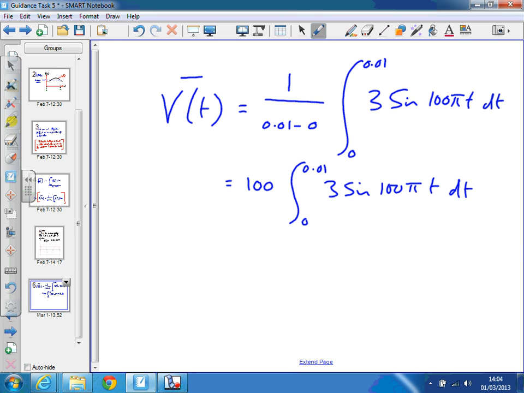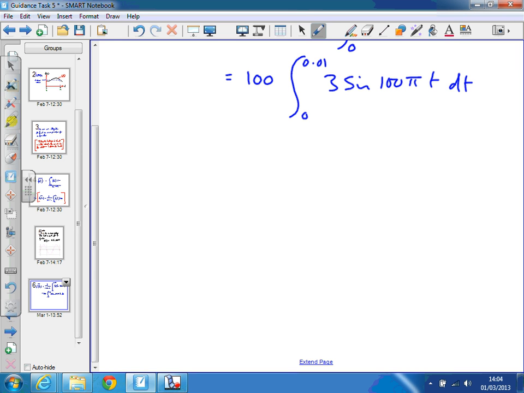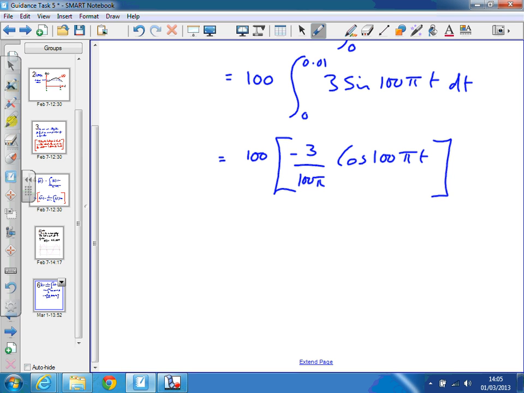Performing the integration from standard integrals, you should remember that the sine becomes minus cosine and the 100 pi comes out and goes underneath. So we end up with 100 times minus 3 over 100 pi cosine 100 pi t between 0 and 0.01.